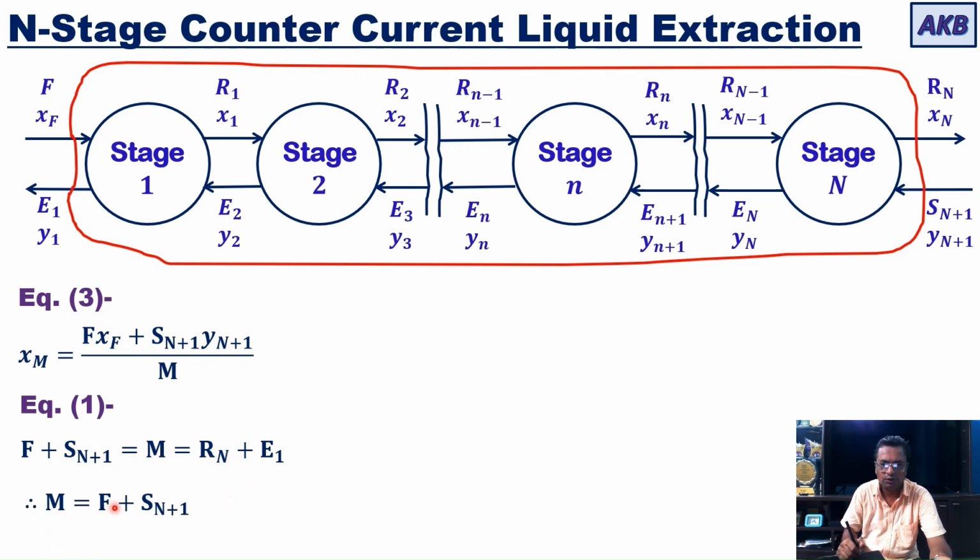F is known, Sn plus 1 is known, I can get M. That means I can replace M in equation number 3 with this.